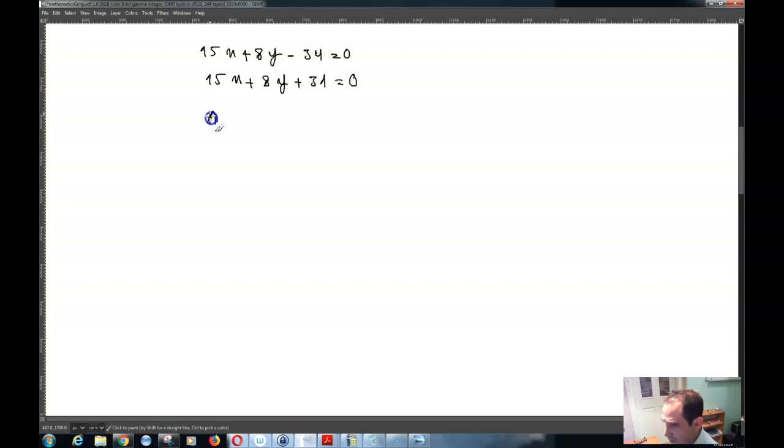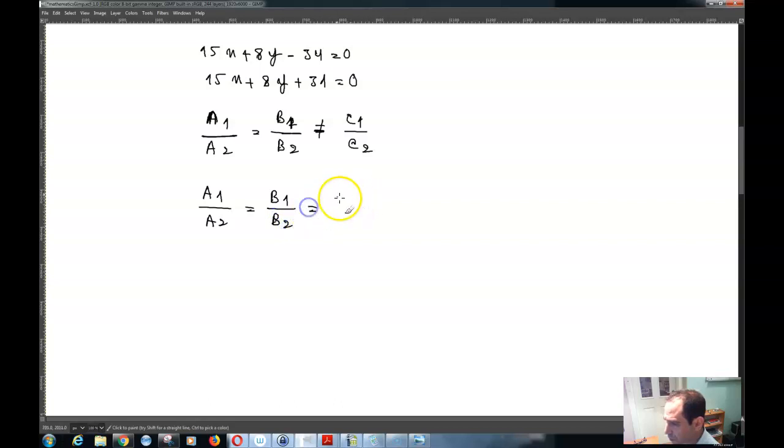Basically A1 to A2 is the same as B1 to B2. Of course, it's not equal to C1 to C2. If basically you got something like this, A1 to A2 is equal to B1 to B2 is equal to C1 to C2, if these ratios are all the same, then you would essentially get two identical equations.